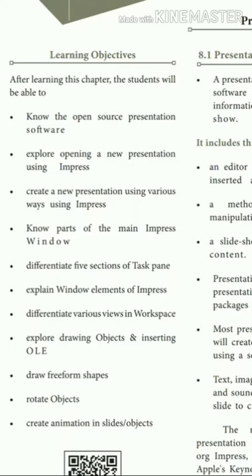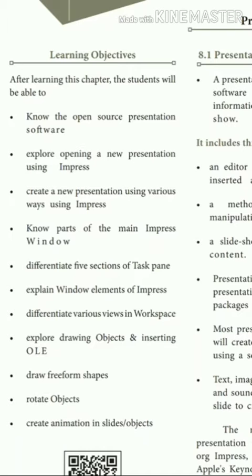And you can see the 5 different sections of the task panel. The entire window is divided into 5: the menu area, work area, and the slide area. Everything can be seen in the forthcoming chapters.